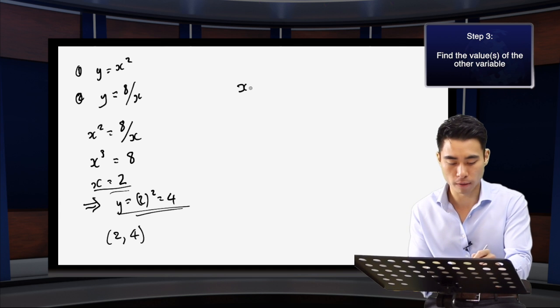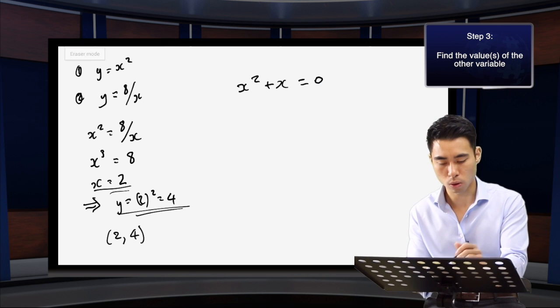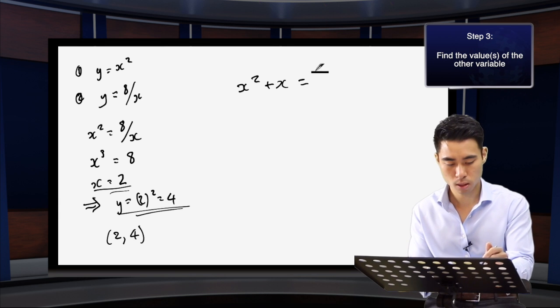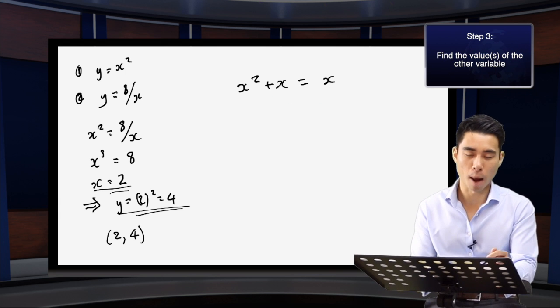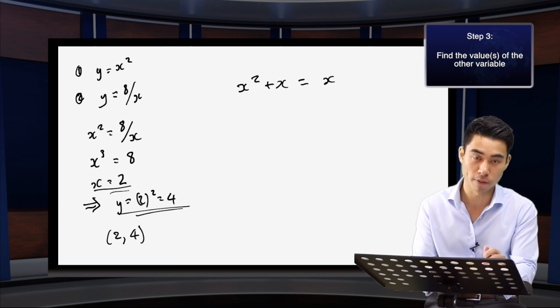What you can't do, however, is this. So if I have x squared plus x equal to a number, let's do something like this. x squared plus x equal to x. I know if you've done enough algebra, you wouldn't be making this mistake, but don't be tempted here to divide through by x.